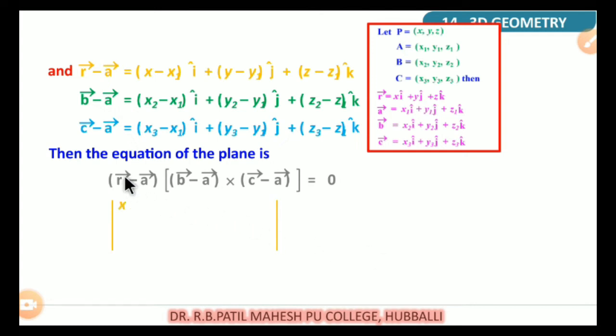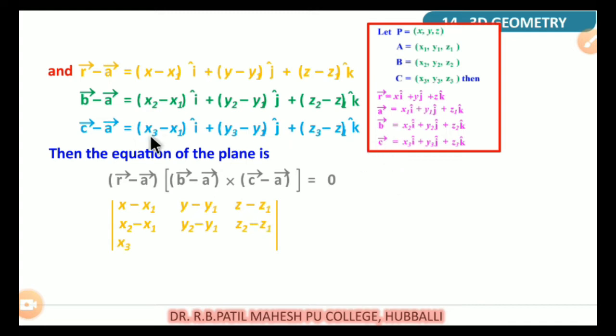Therefore we have the r minus a vector's scalar components x minus x1, y minus y1, z minus z1, which can be written in the first row, and in the second row we write x2 minus x1, y2 minus y1, z2 minus z1.